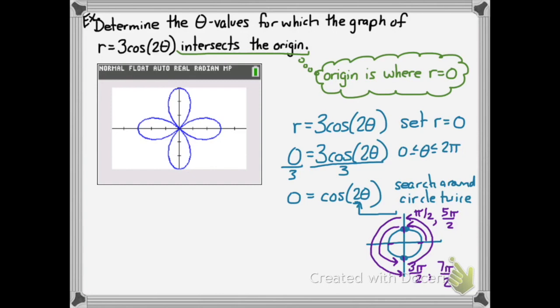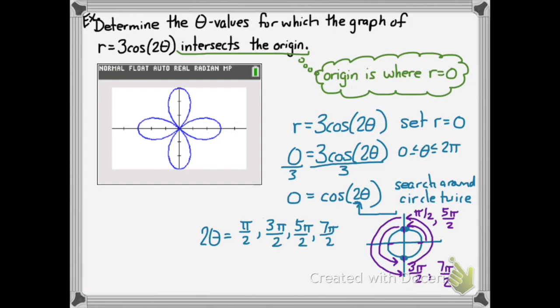I can keep going until I get back to the beginning, but those are my 4 points. And so that tells me that 2 theta is going to be equal to pi over 2, 3 pi over 2, 5 pi over 2, and 7 pi over 2.